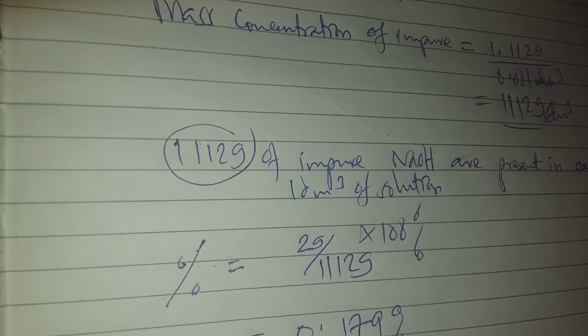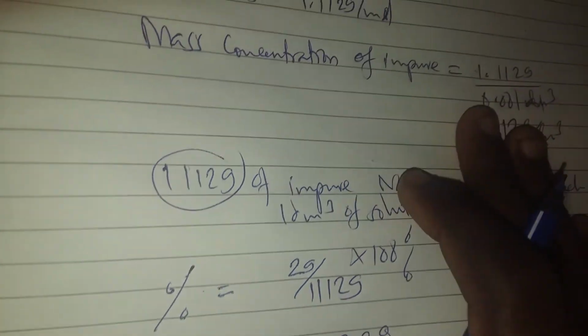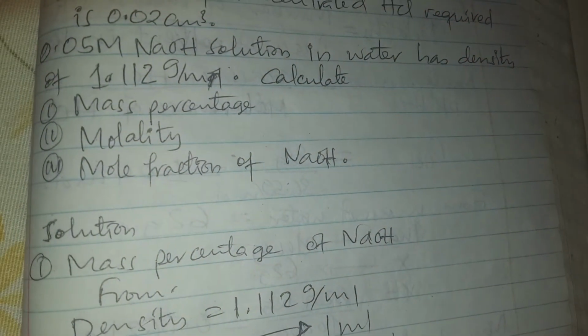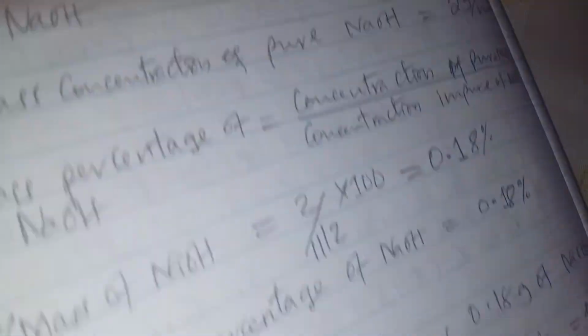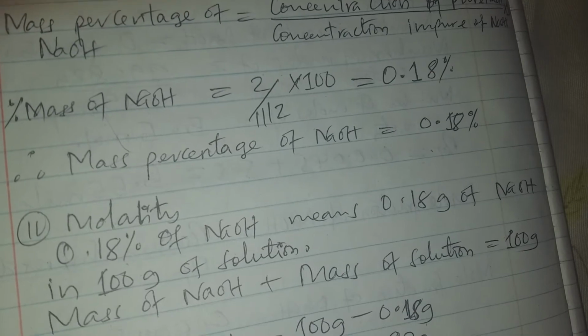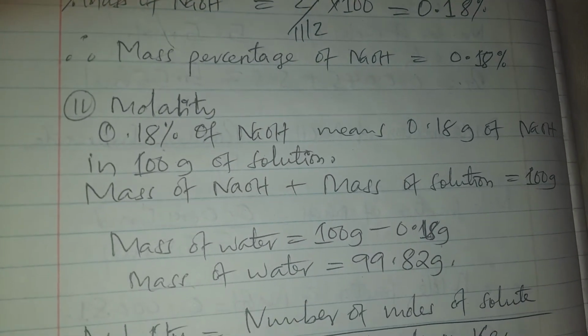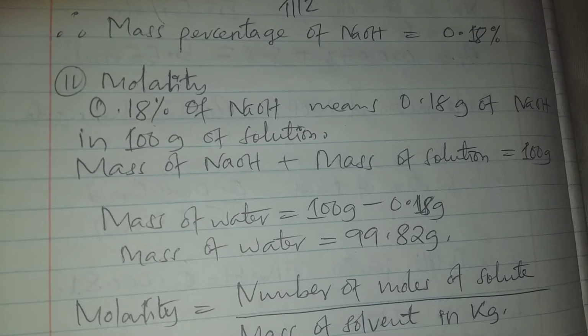And you can see that here the mass percentage is a very small value. From there we need to calculate the molarity together with the mole fraction of sodium hydroxide. Mass percentage is a very small value, 0 point something, because of the concentration of sodium hydroxide being very small in the solution.